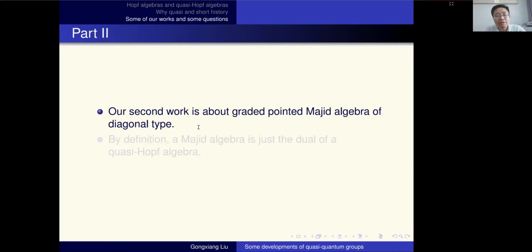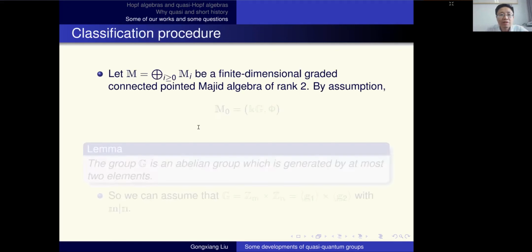For the second work, I want to recall our classification of graded pointed modular algebras of diagonal type. I need to recall that the modular algebra is just a dual quasi-Hopf algebra, so the classification is totally the same as the classification of quasi-Hopf algebras. I just take an example to explain our idea, why we can succeed.